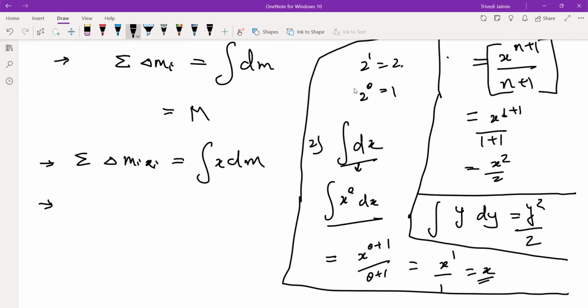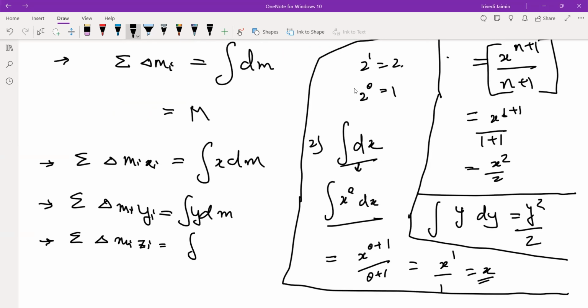Then summation of mi yi is integration of y dm. Then what is left? Z. Yes, z. Summation of mi zi equals integration of z dm. Yes. Okay.